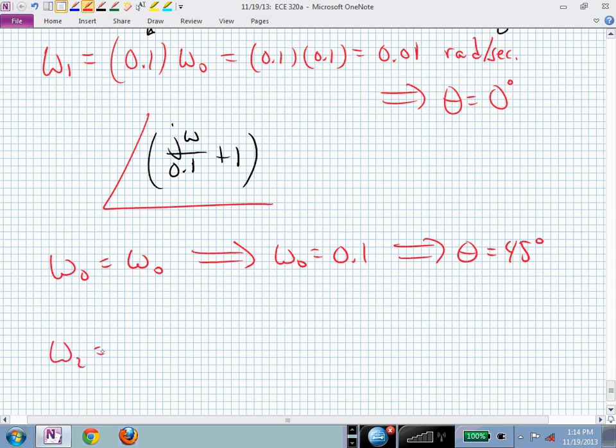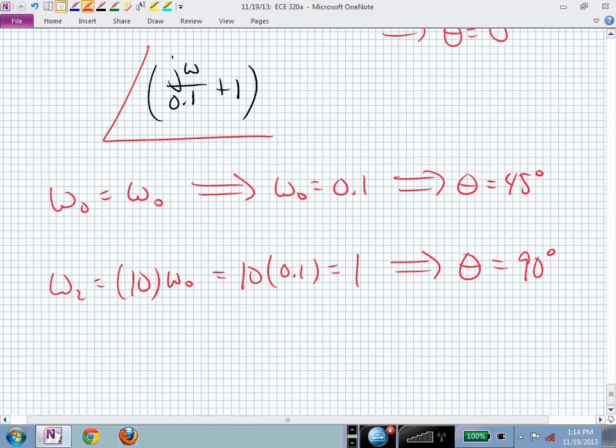Then the other frequency, omega sub 2, is a decade beyond the break. So that says 10 times omega naught, which in this particular factor is simply 1. And at that point, our theta, now we have 1 plus j10, and that's a very big angle, and we're just going to approximate that by the extreme that that linear factor can produce, which is 90 degrees.